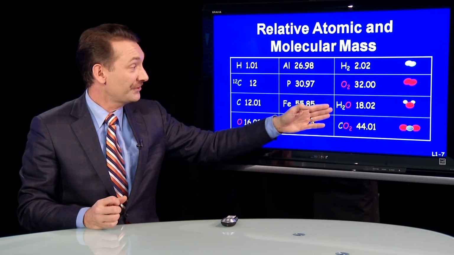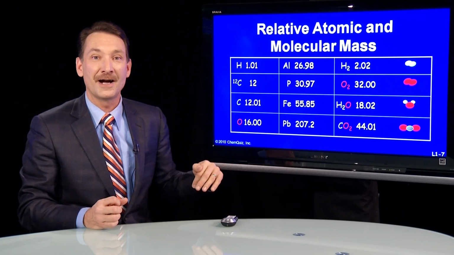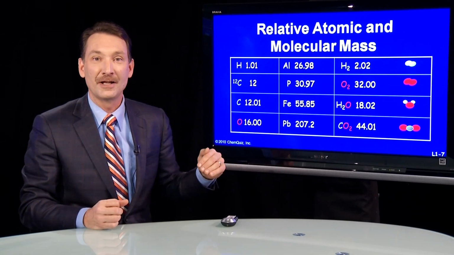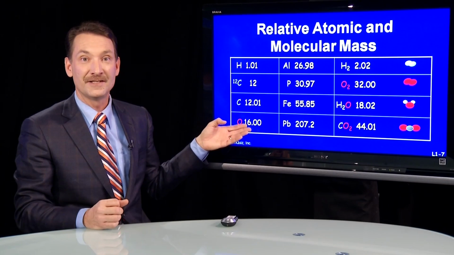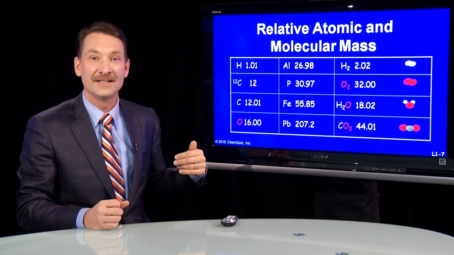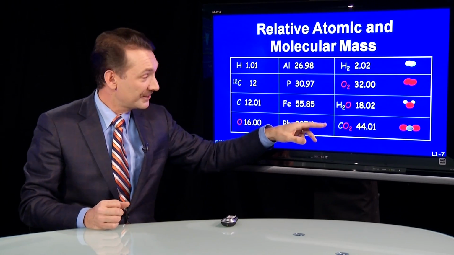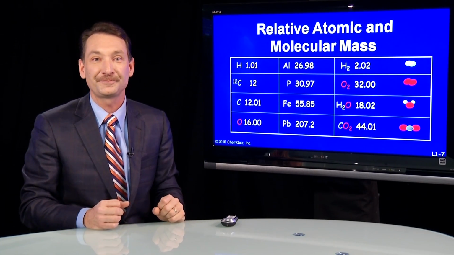Here's a couple molecules, H2O and CO2, water and carbon dioxide. Water, relative mass 18: that's 1 oxygen, 16, and 2 hydrogens, 1 each, that's 18. And carbon dioxide, the sum of carbon and 2 oxygens, 44 grams per mole.